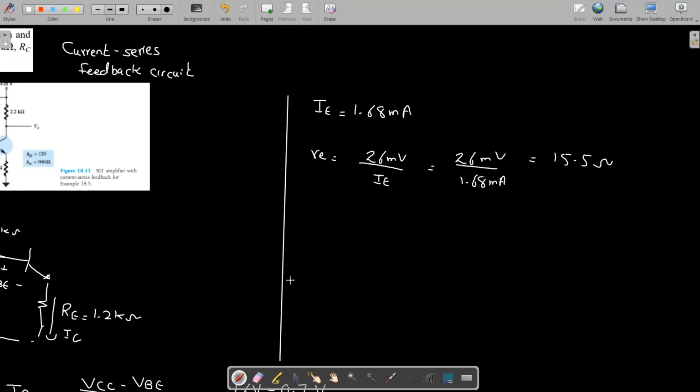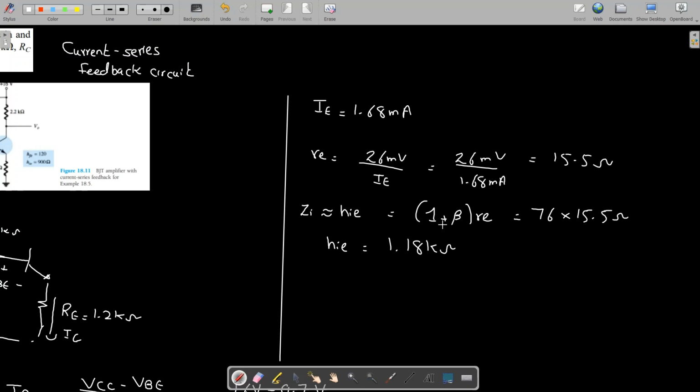Because to find the input impedance without feedback, that is the ZI, which is equal to HIE in hybrid parameters, which is the input impedance without feedback, that is equal to 1 plus beta into re. Here beta is again the current gain, which is 75. So this is basically 76 multiplied by 15.5, and this HIE comes out to be 1.18 kilo ohm.